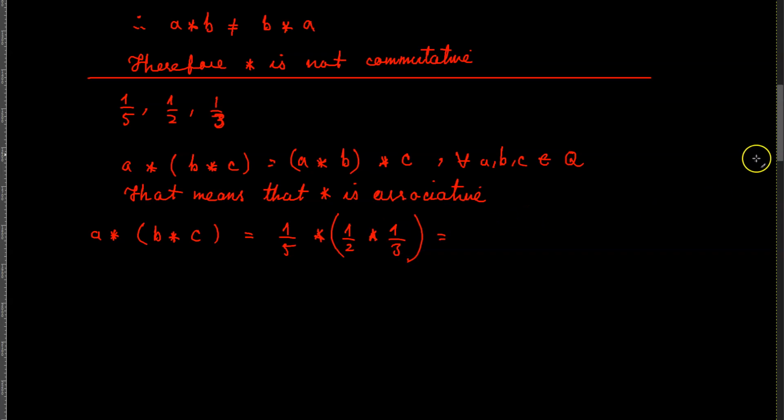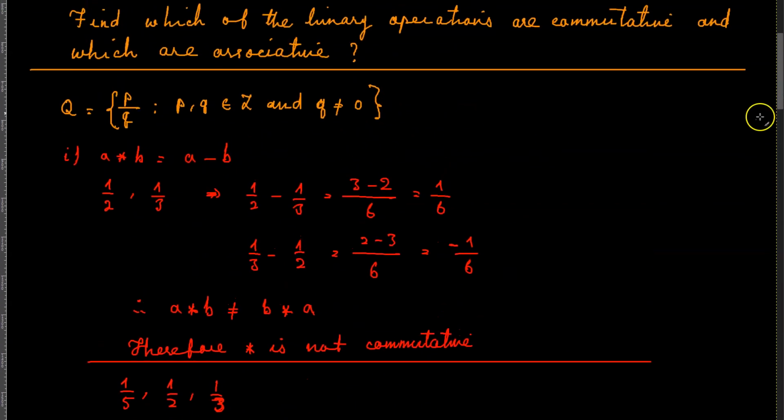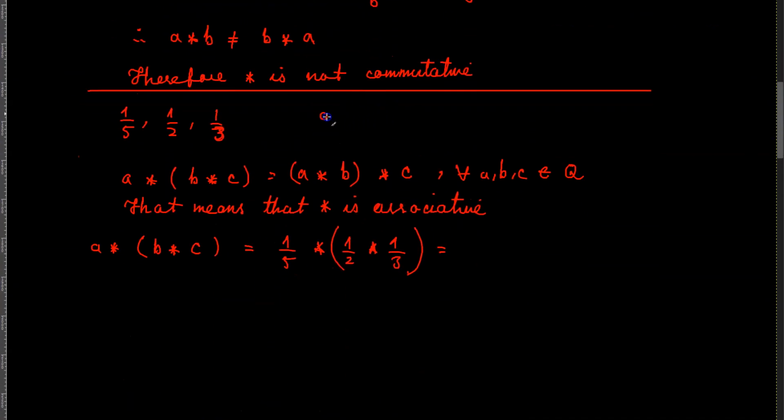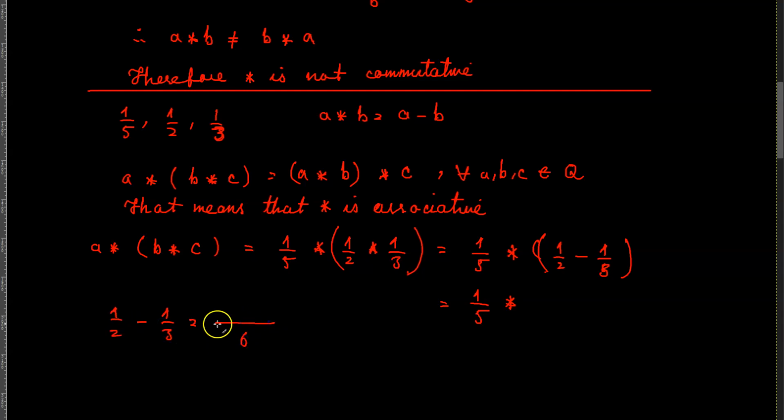Over here we are saying that A star B is equal to A minus B, and therefore this becomes 1/5 star (1/2 minus 1/3), which is equal to 1/5 star 1/6, since 1/2 minus 1/3 is (3 minus 2)/6, which is 1/6. That is equal to (6 minus 5)/30, which is 1/30.